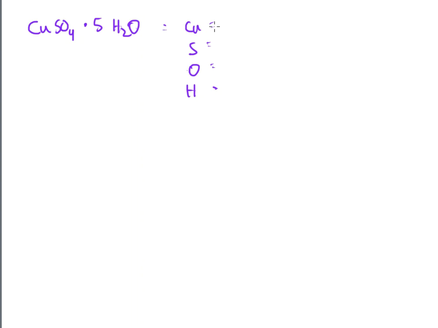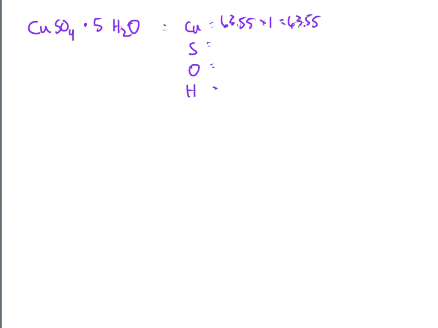So if you go to the periodic table, you're going to find copper. Copper is number 29, and the weight for copper is 63.55. So 63.55, multiply by 1, because there's just one of those, and I get the same number. All right, well, sulfur is number 16 on the periodic chart.